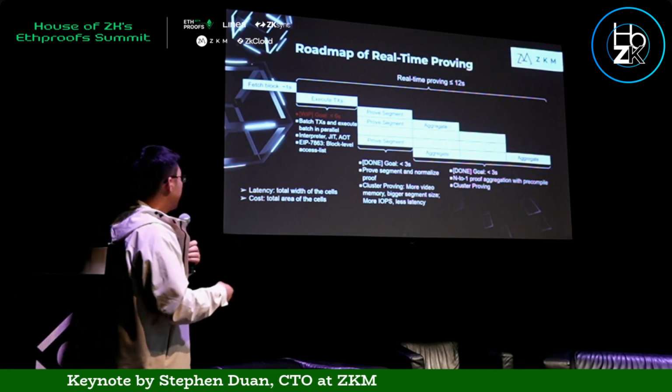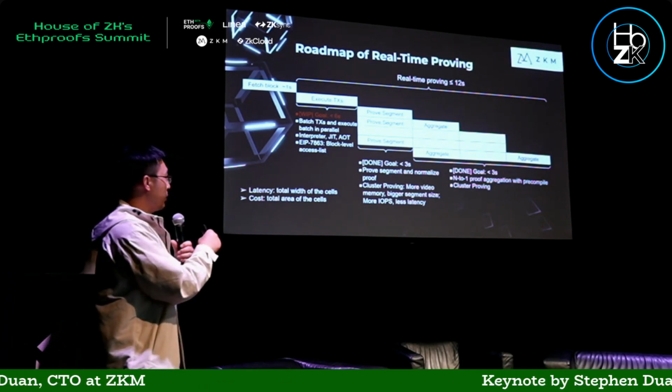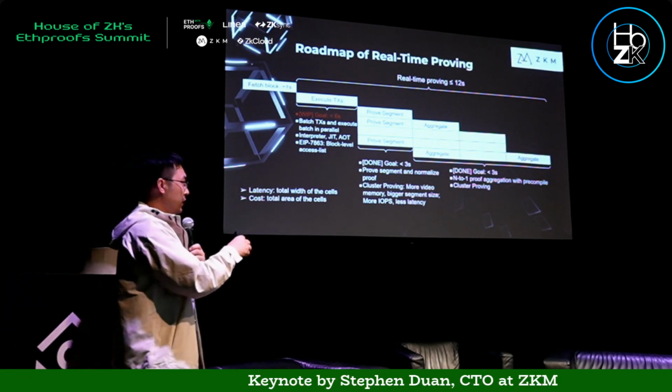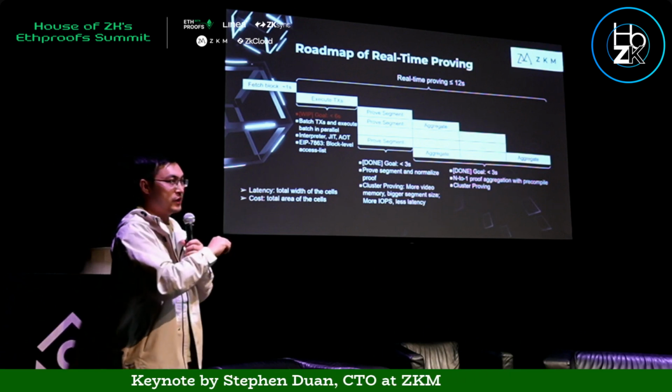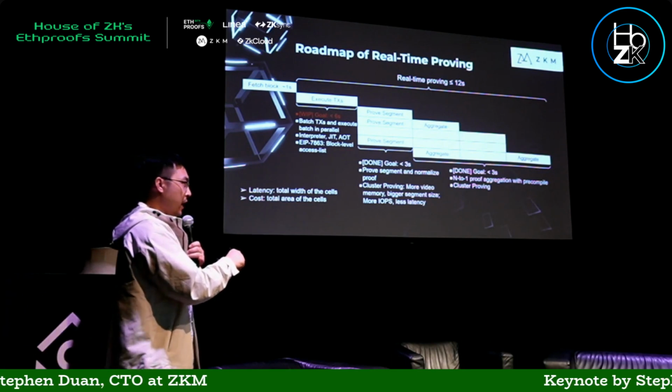So first we need to fetch the block, and then we execute the block, and when we execute the block or transactions, we split the execution trace into multiple chunks or segments, and then we prove those segments in parallel.